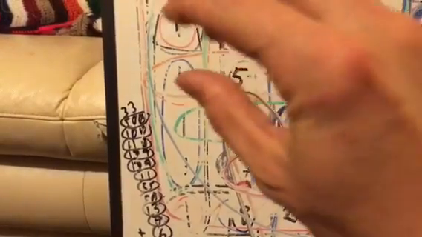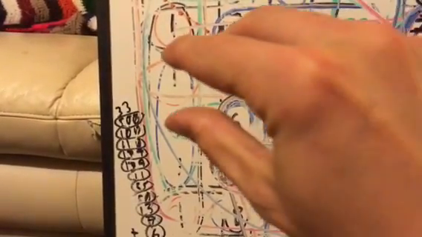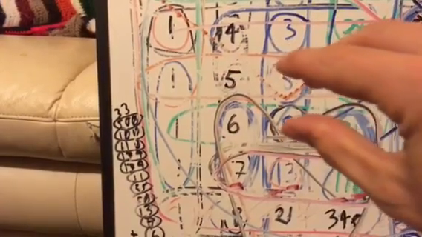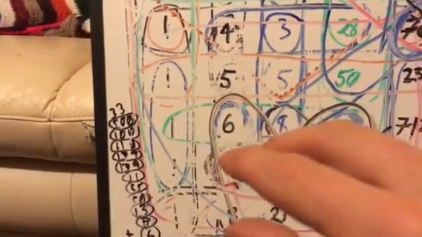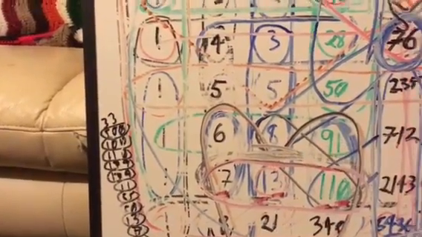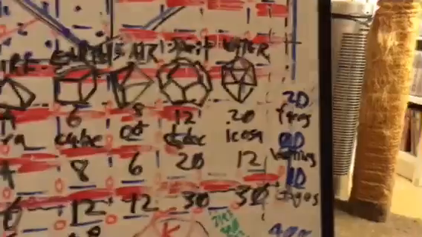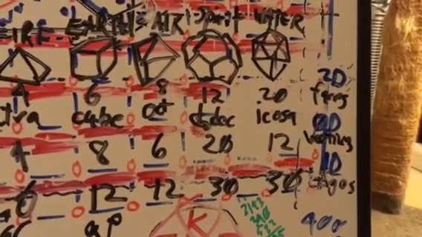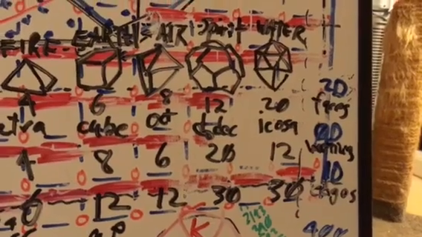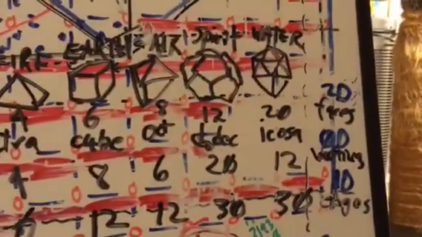So this 4 will be 1, 2, 3, 4, 5, 6, 7, 8, 9, 10, 11, 12. Because remember, these are all waterfalls. They're all just dots. So those are your 12 vertices. They're going to be like a 2 by 2 dot. And your faces are going to be the cells themselves. And you have 30 edges.